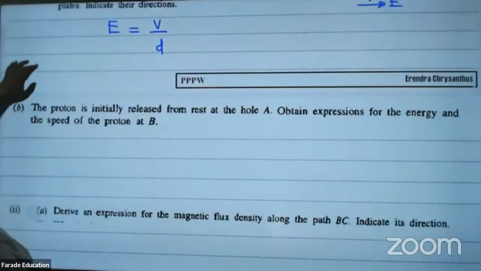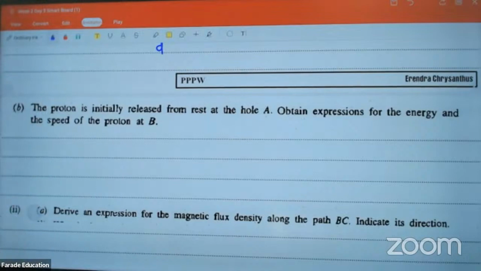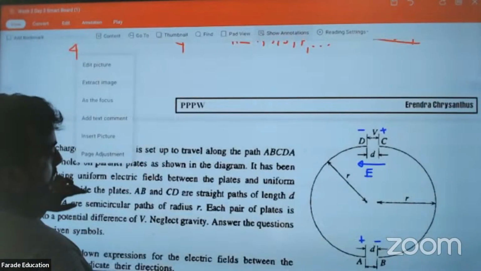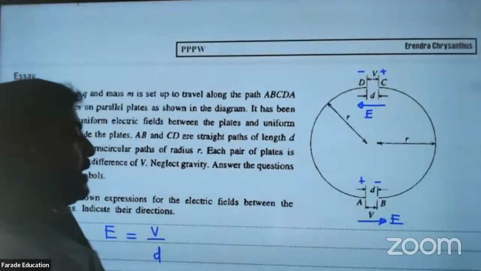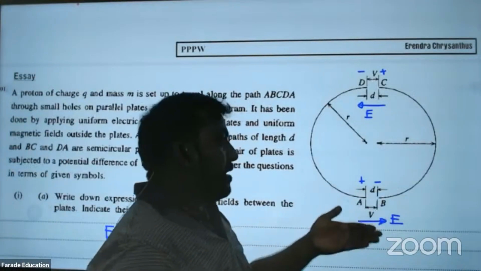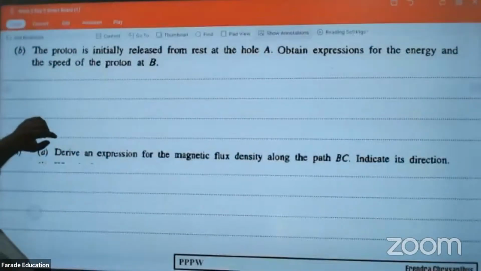Next one. A proton is initially released from rest at hole A. Obtain an expression for the energy and speed of the proton at B. Proton here, if I release it, because of the electric field there will be a force.